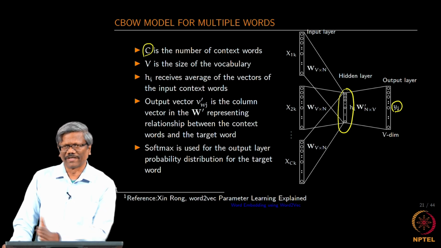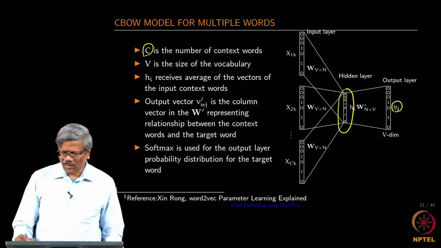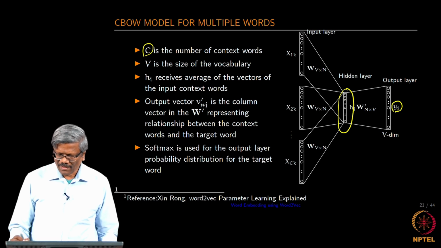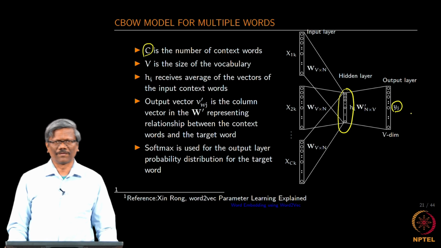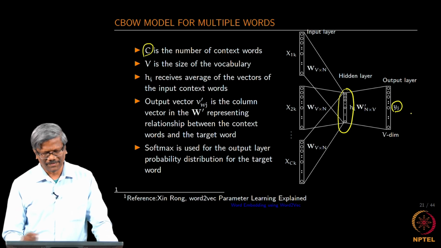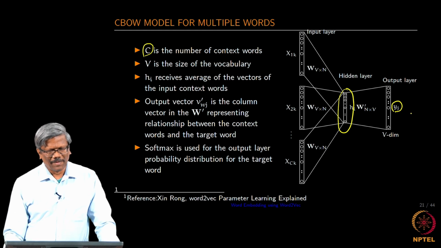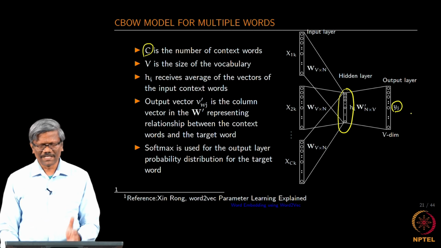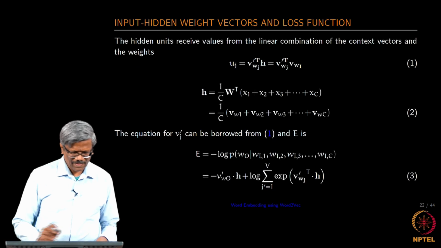Based on the context, we want to find the target. We know what the target is because it is a learning process, and then we find the error and do whatever we have to do to minimize the error. So, this is how it works in the multiple words case as well. If you use the CBOW model for multiple context words, it is very similar except for the input to the hidden layer computation.